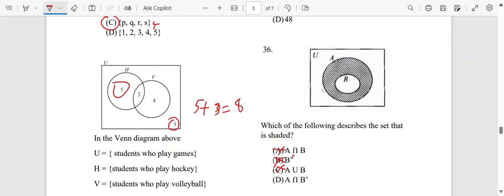No. Union means everything. So the only one that we are left with is A intersect B complement. So the intersection, and of course the complement represents that which is not in B. All right, and that's the only section that is right there.